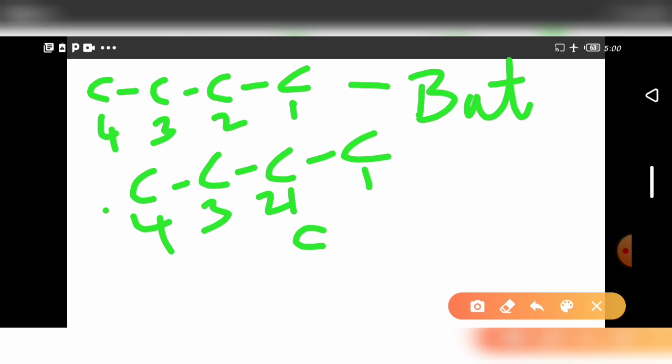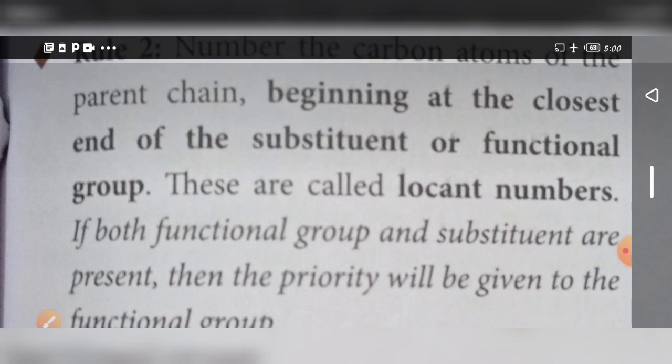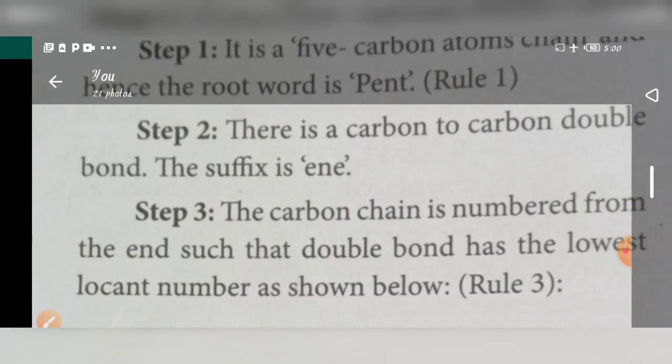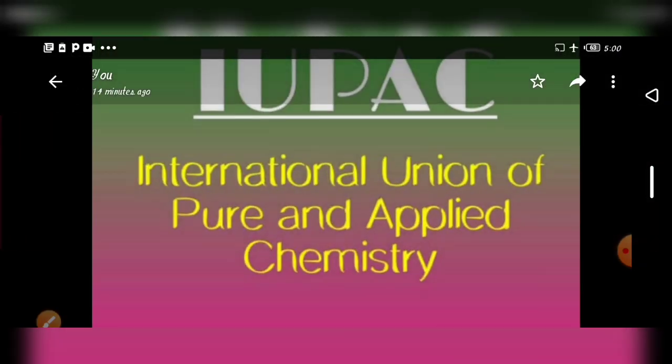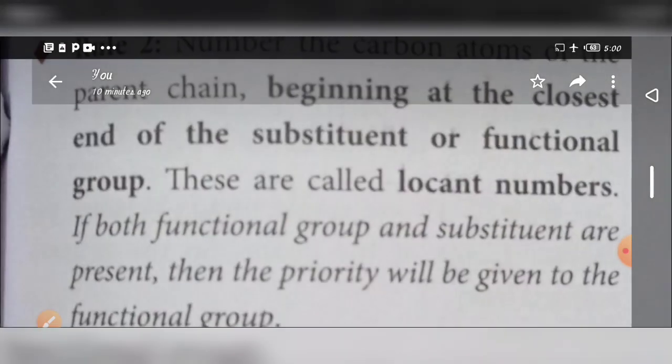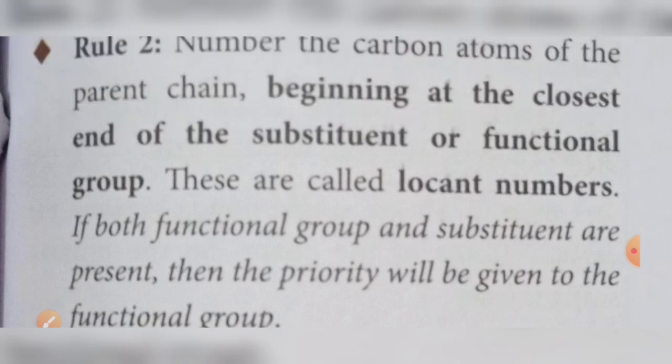Okay, the second rule. See here, the second rule: number the carbon atoms of the parent chain beginning at the end closest to the substituent or the functional group, that is, whichever is nearer to the end carbon. The numbering can be given from the left side or the right side.